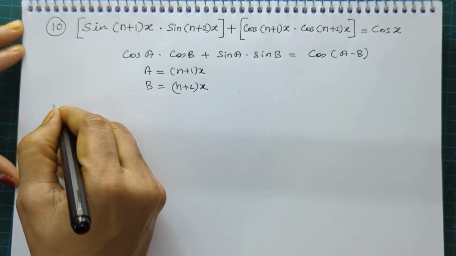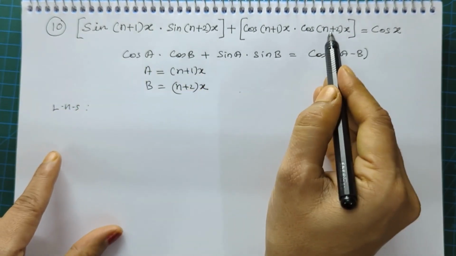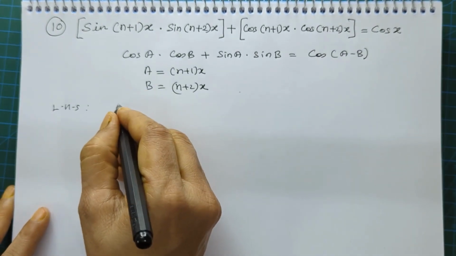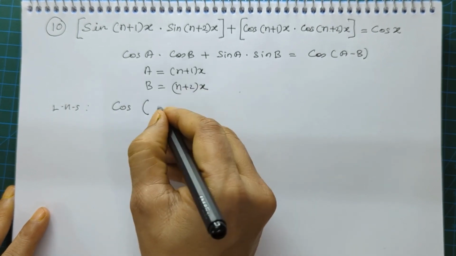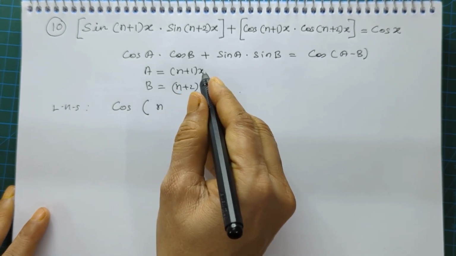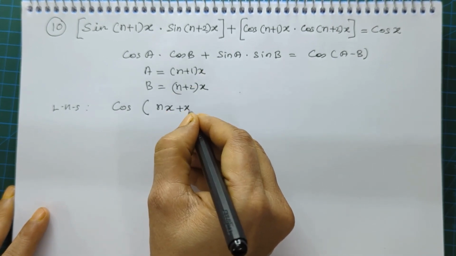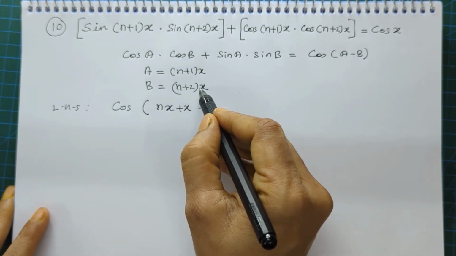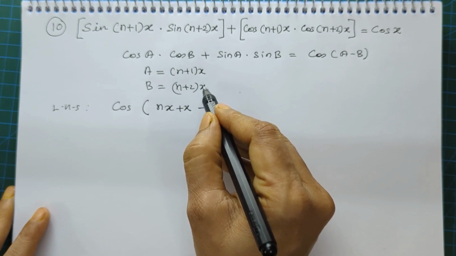Now we begin from the left hand side. This is the expansion for this. So we will directly write that it is going to be cos of A, meaning (n+1)x, which I am writing as nx plus x, minus B. B is (n+2)x, but with the negative sign, two terms are there, so both the terms' signs will change.